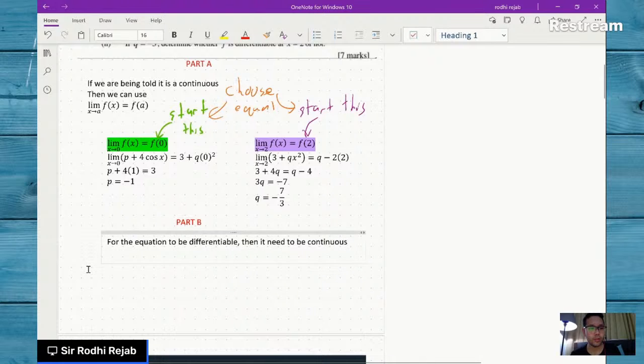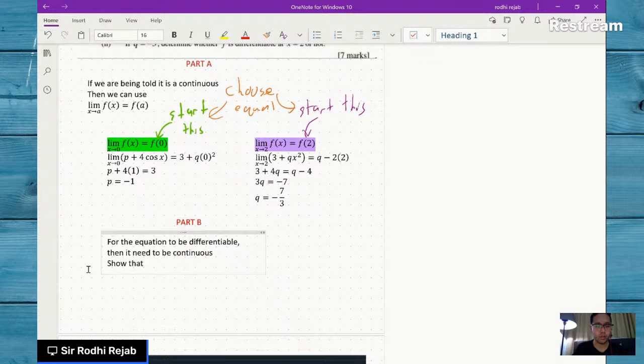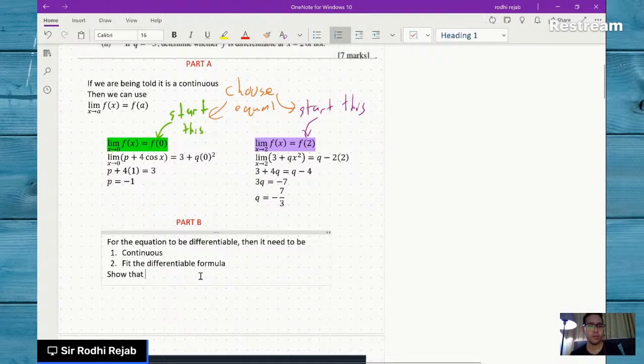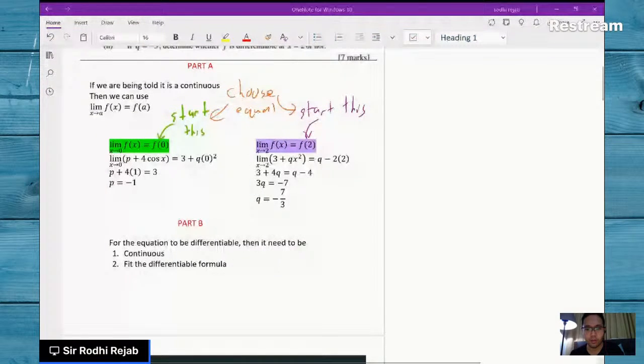You need to show that the function is continuous. Then we can fit the differentiable formula. The differentiable formula is long.